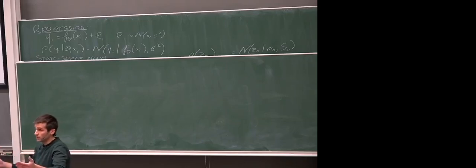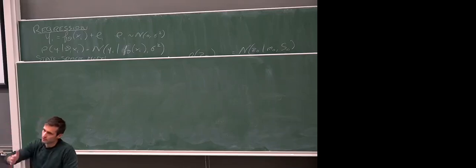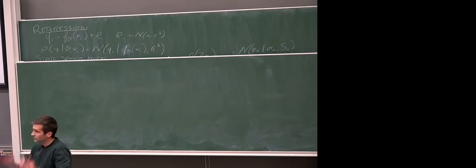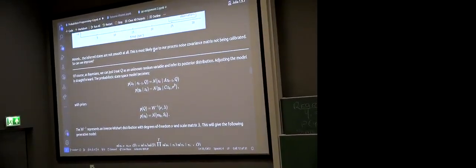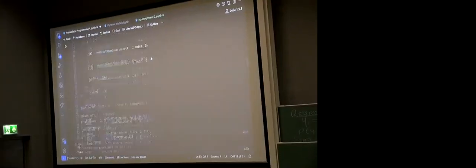So we made a really big prediction error, so we should be really uncertain about where we are at that point in time, where the building is when it's shaking. If you suddenly observe that it's way out, then you should be very uncertain about your inferred displacement. But we don't see that so much. This is most likely because I provided a process noise covariance matrix that was not properly calibrated.